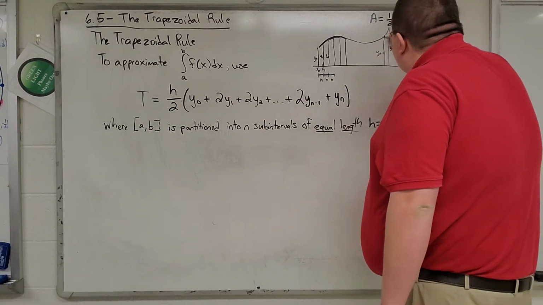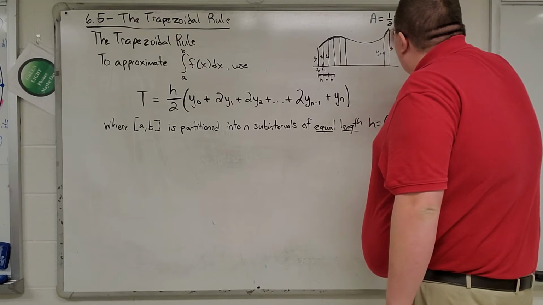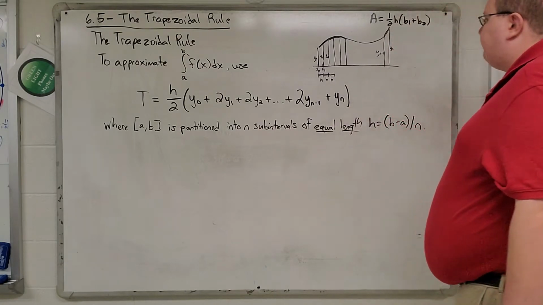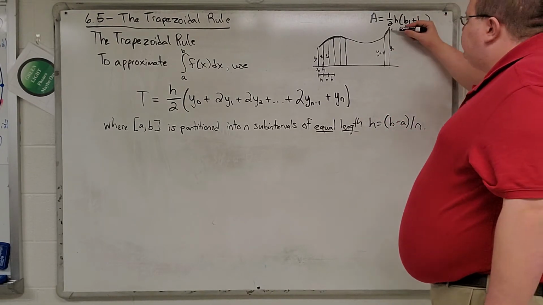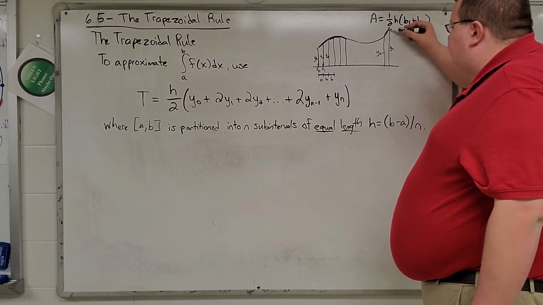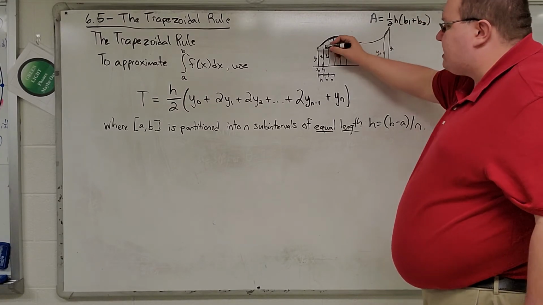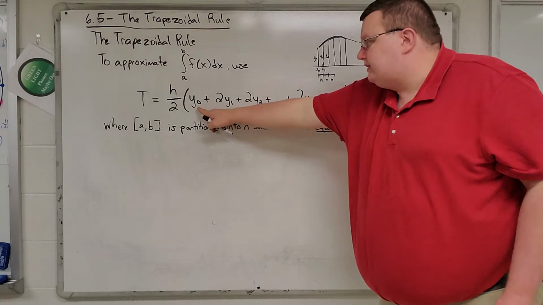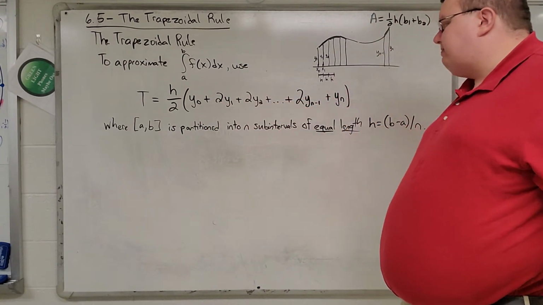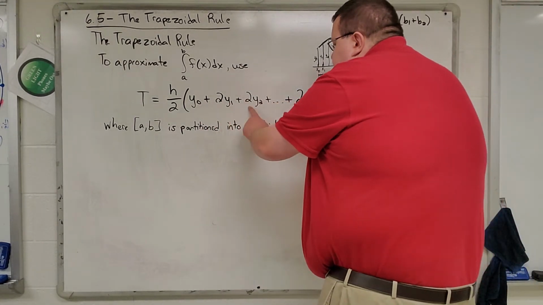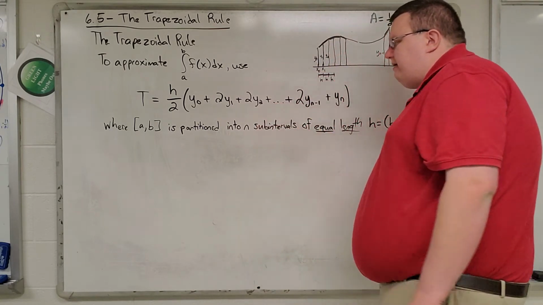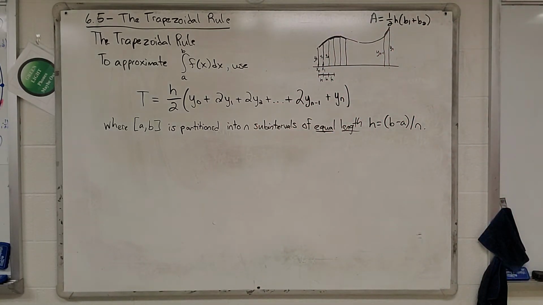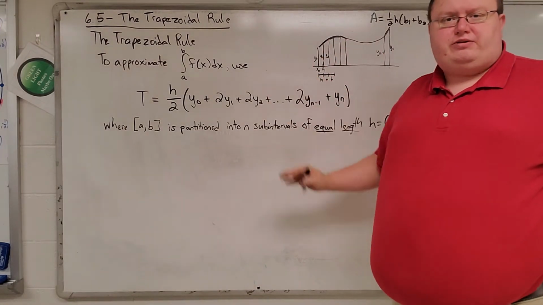And when I fit that trapezoid in there underneath, I'm going to use this very last base only once, just like I only use y sub 0 once. That's why I'm not multiplying those by 2. But all of those other bases in between, I'm having to multiply by 2 in my area formula. And I'm adding up the areas of all these trapezoids.